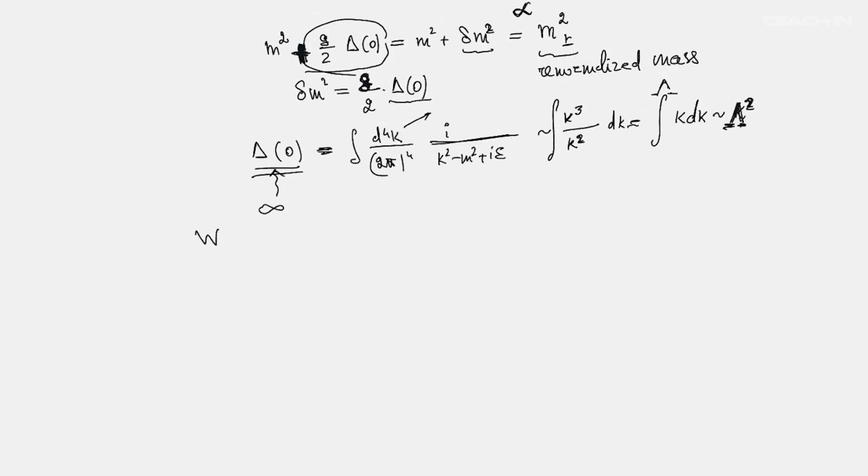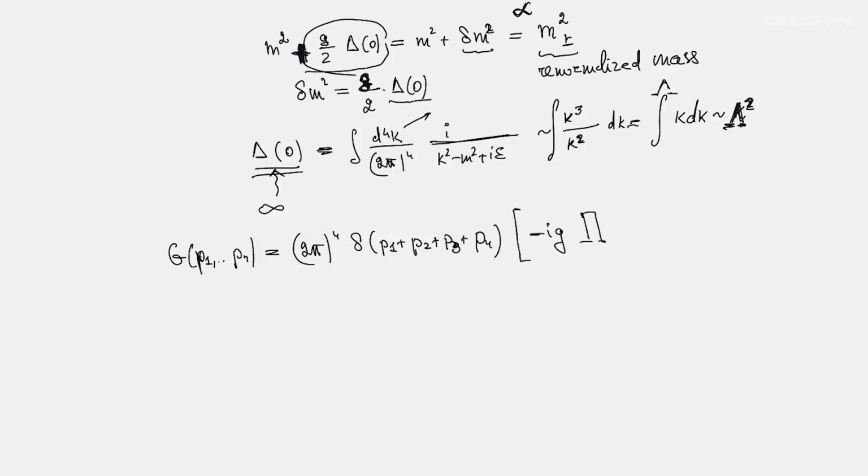So G(x1, ..., xn), or G(p1, ..., pn), being computed at, say, leading order of perturbation theory, will be just an overall delta function, which reflects the conservation of momenta, multiplied by the product of Feynman propagators in the momentum space, plus higher order terms. This is how it will look in momentum space.